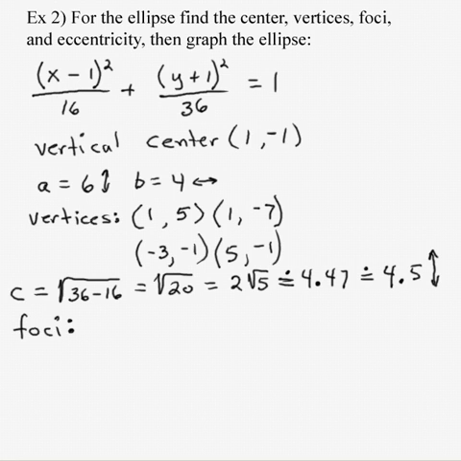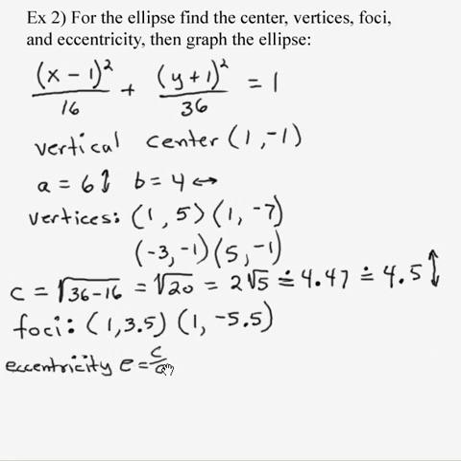So let's do that calculation in our head. Up 4.5 is negative 1 plus 4.5, or 3.5 for the y value of that focus. Down 4.5 is negative 1 minus 4.5, or negative 5.5.